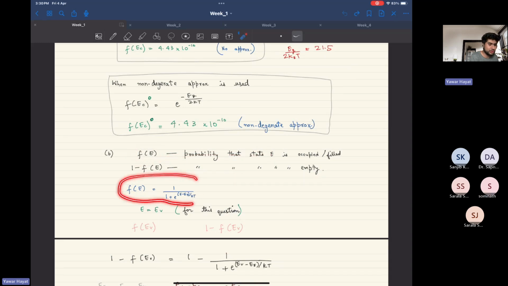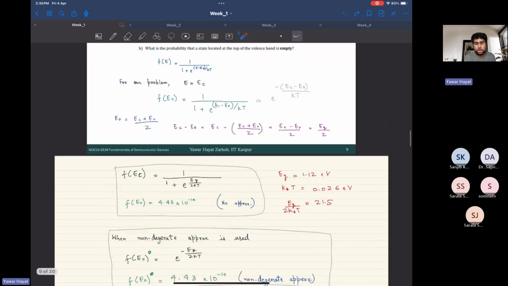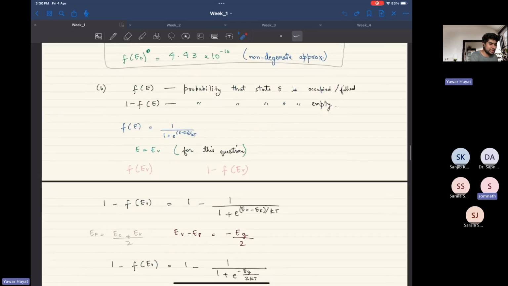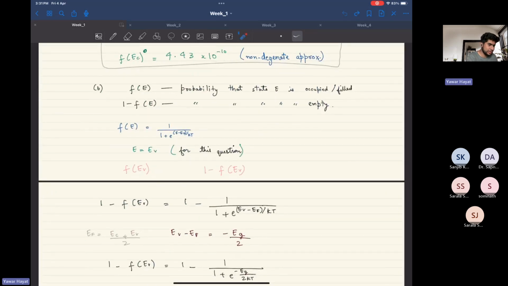In this question, your E would be EV, the top of the valence band. If I put E equal to EV in this, this would be my required probability, the probability that the top of the valence band state is empty.